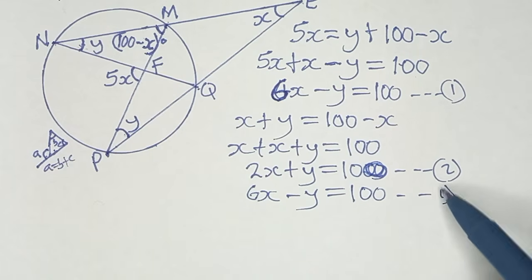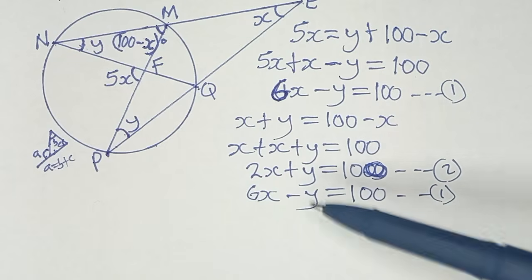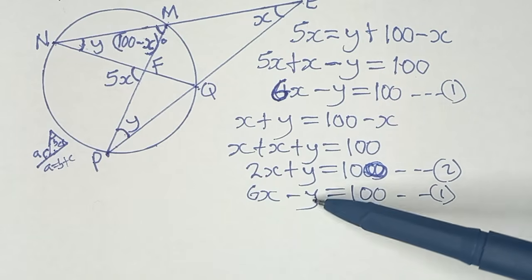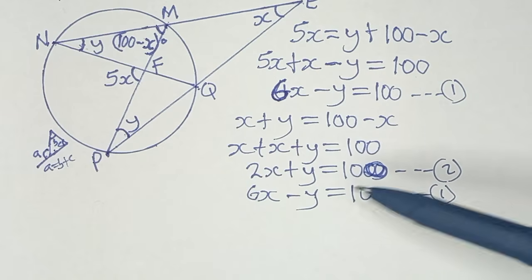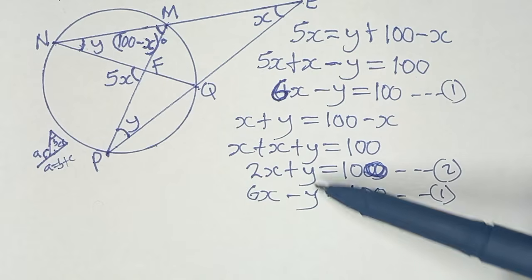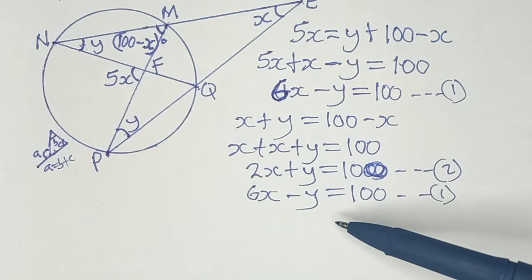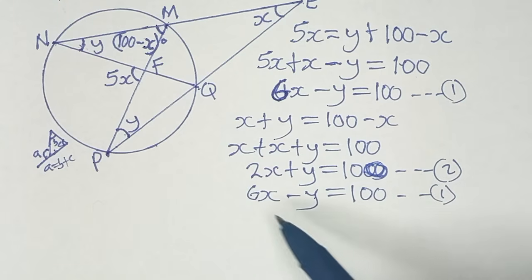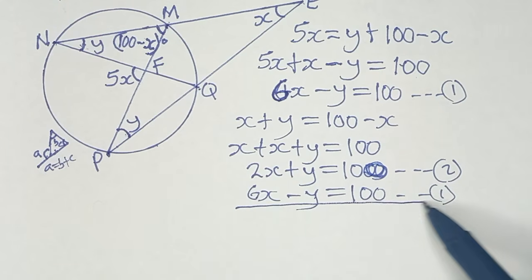This is equation 1. Now, if you look at the y here, they have the same coefficients, except that the signs are different. So in this case, we can simply eliminate y by using the elimination method in simultaneous equations.